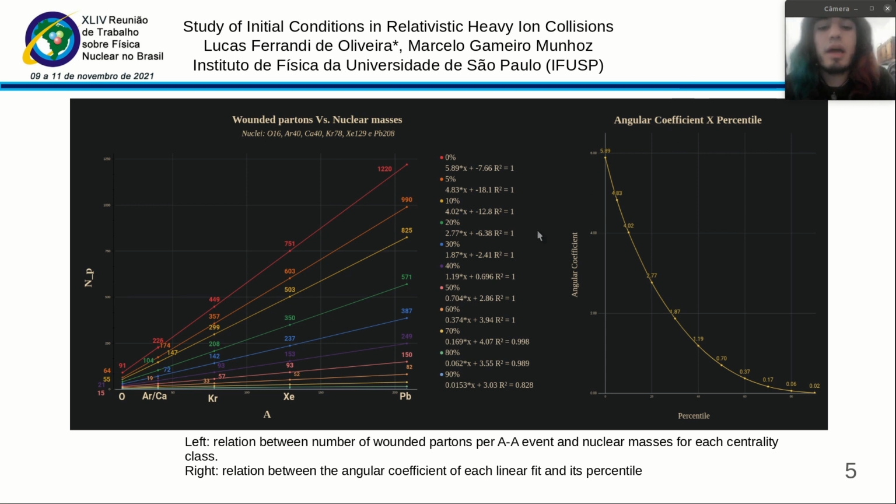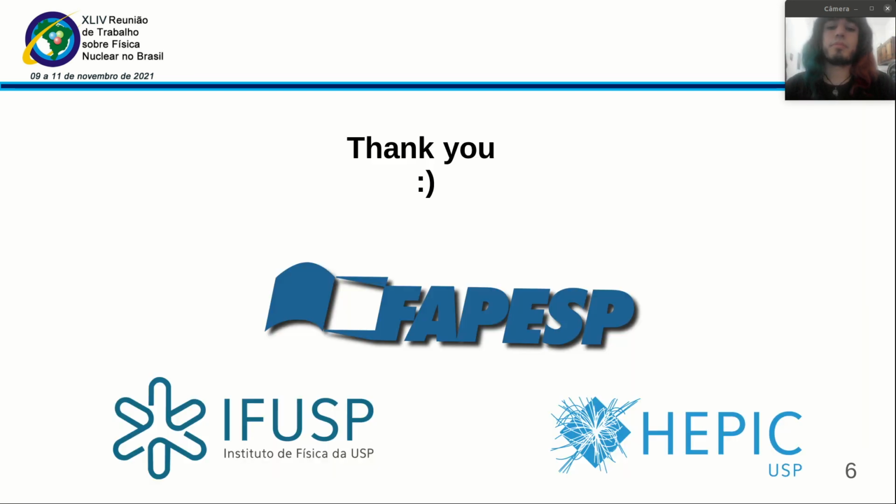And on the right side I plotted the angular coefficient of this class of centrality as a function of percentile, and we get a nice law here as well. We can use these results to predict what we can obtain using different nuclei on colliders.